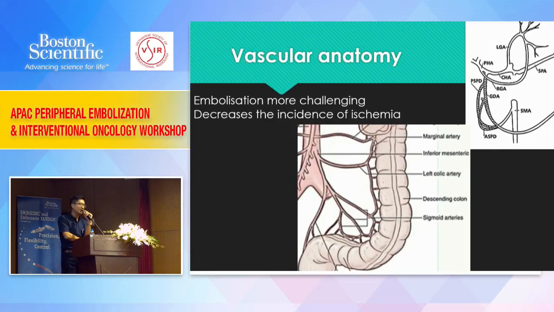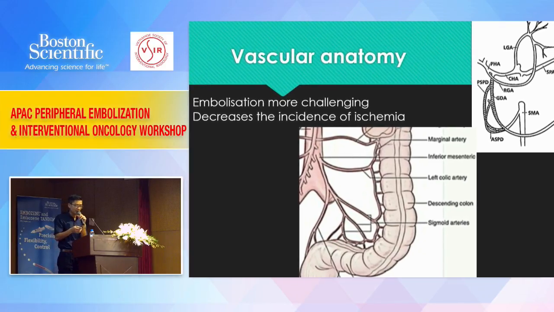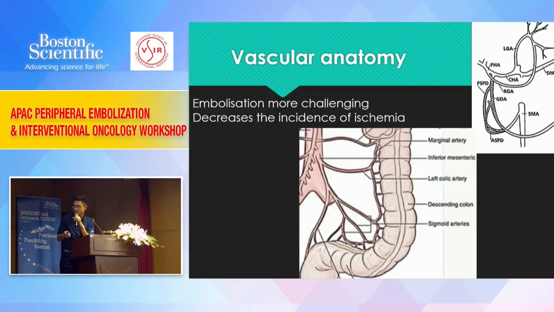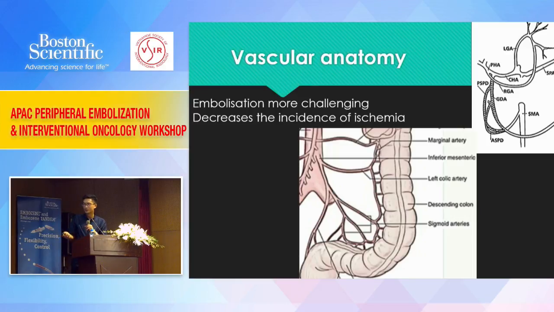But in lower GI bleeding, there is some difference, because we have a marginal artery and a lot of perforating arteries.